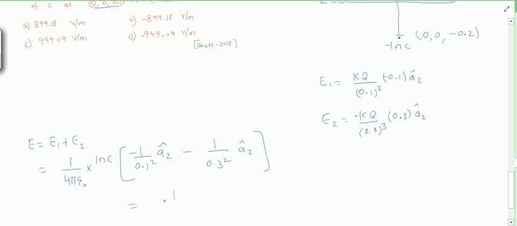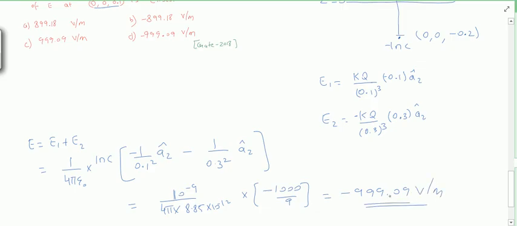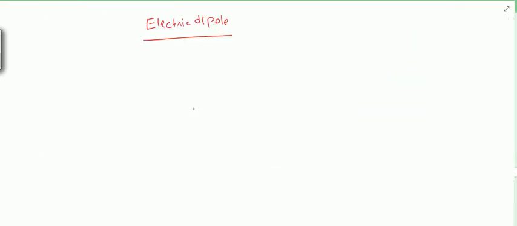If you put the value of epsilon naught and solve this, 1 by 4 pi into 8.85 into 10 to the power minus 12, and here if you write 10 raised to minus 9, and solve this, it will become minus 1000 by 9, and if you simplify all of this, it will come as minus 999.09 volt per meter. So from the given options, D is the correct option.